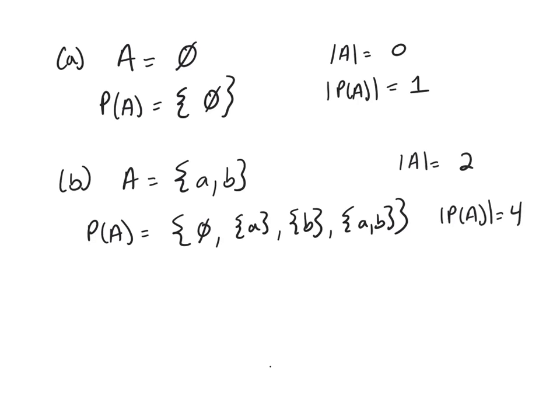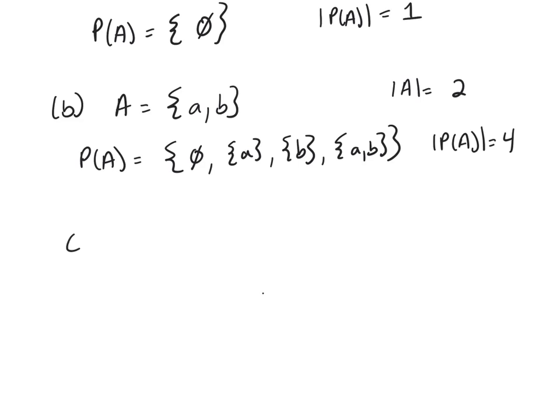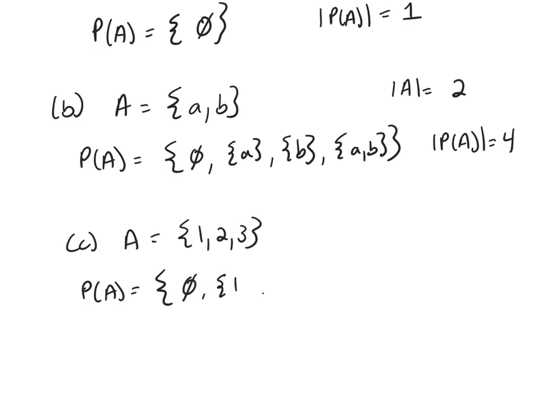Let's look at one more. So for C, let's say A is the set {1, 2, 3}. And what would the power set of A be? Well, the empty set is a subset of A. And then the sets with just one element, {1}, {2}, and {3}, those are all subsets of A. And then let's look at subsets with 2 elements.